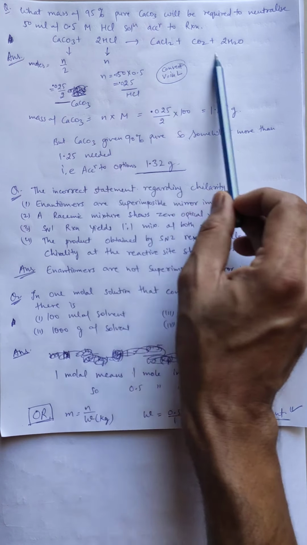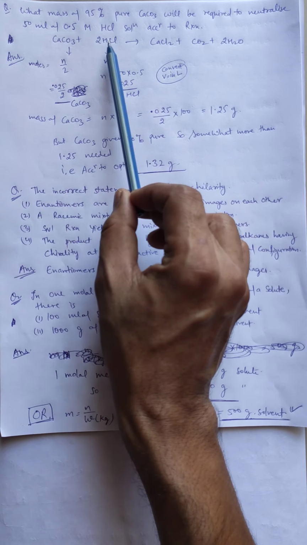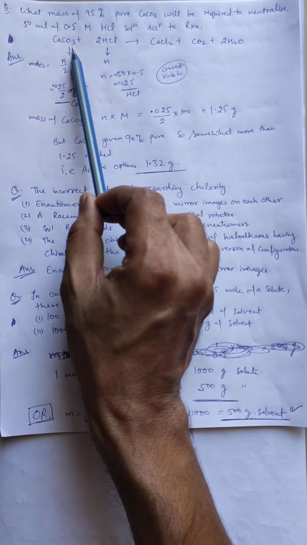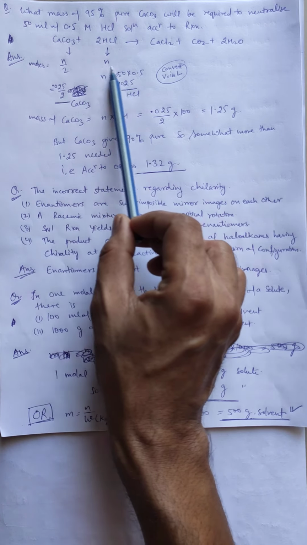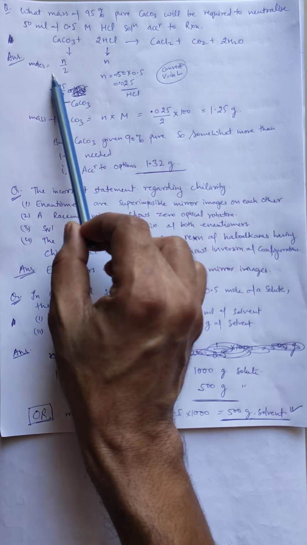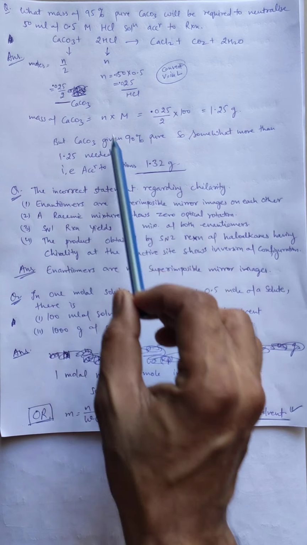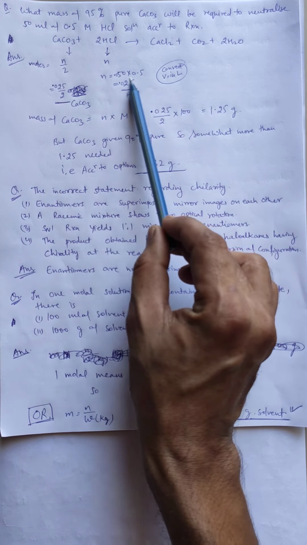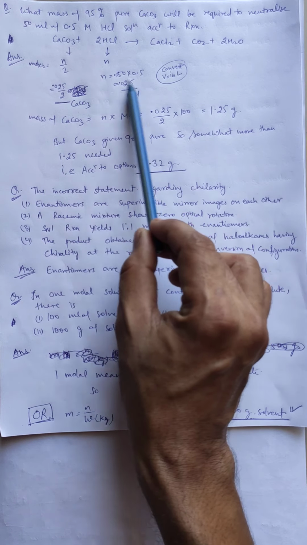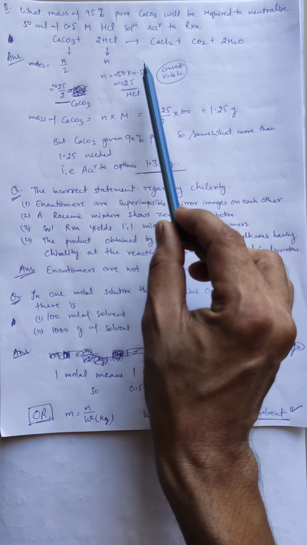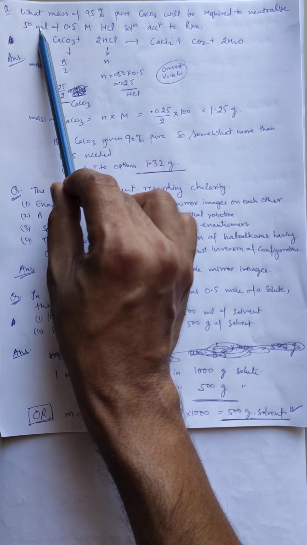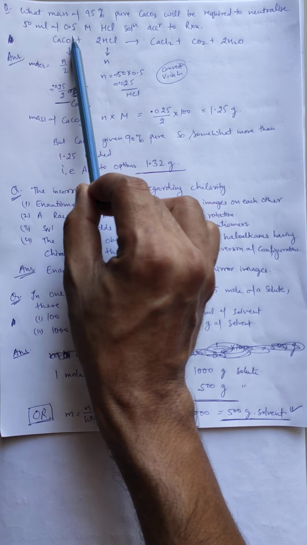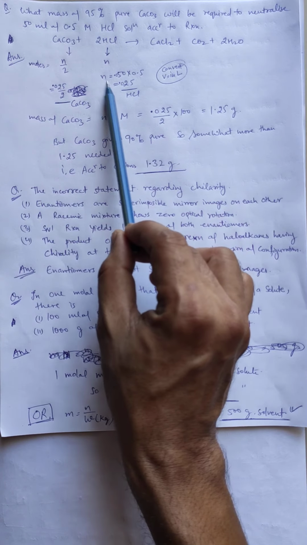In this reaction, n moles of HCl require n by 2 moles of CaCO3, right? And moles we may calculate by molarity multiplied by the volume given there.